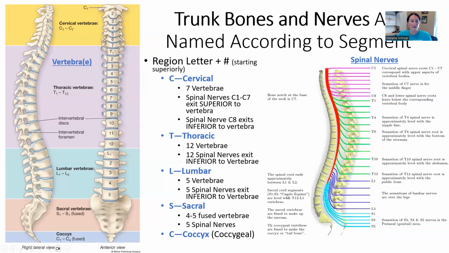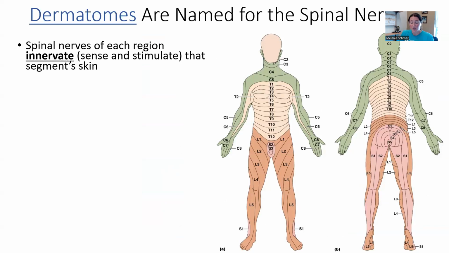Okay. So each segment, right, each of these somites develops a vertebra with a specific name, a spinal nerve with essentially the same name, and that spinal nerve is going to innervate not only the muscles, but the skin of that particular region.